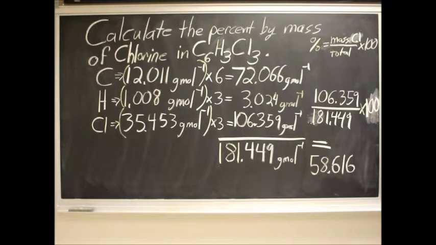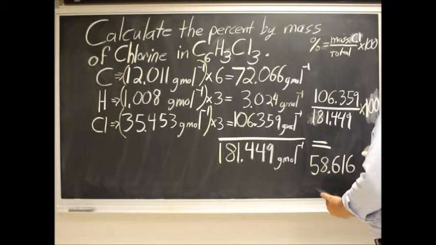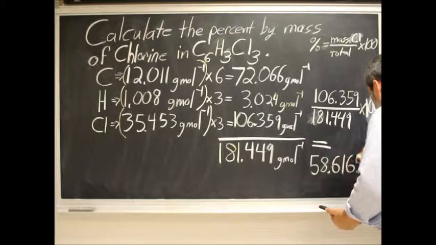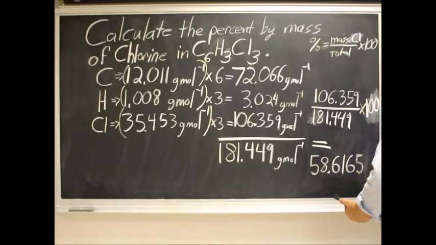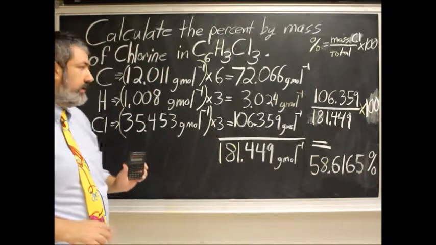Based on the number of significant figures, I can actually write one last digit to give me 6 significant figures, which we normally don't see that high a level of accuracy. So 58.6165. And so that is my mass percentage of chlorine in this compound.